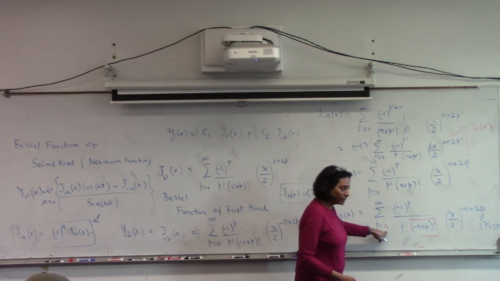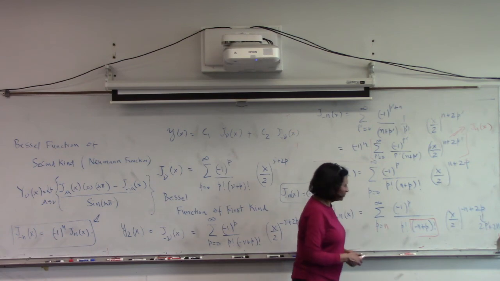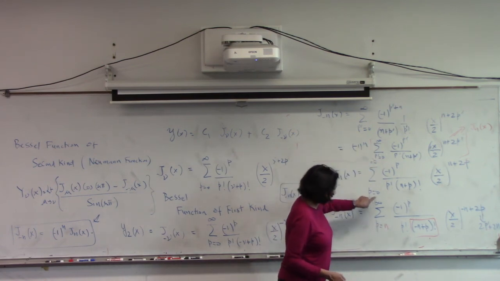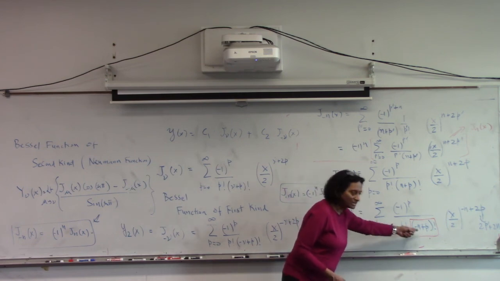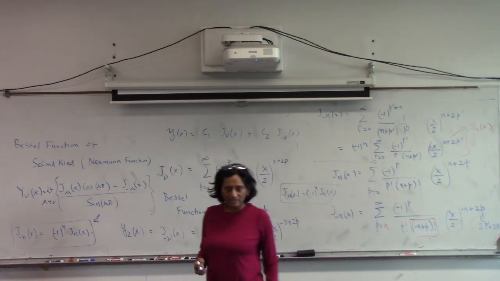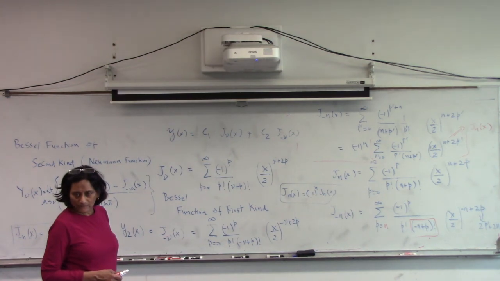It starts at p equal to n. That's all we have done. The rest is just manipulation. In order to get back to j of nx, I want to start at p prime equal to 0, so we change a variable, and then you immediately get that. Is it clear or not? Yeah.